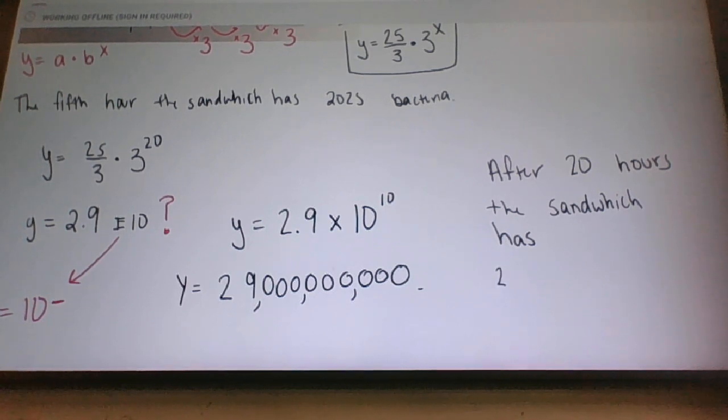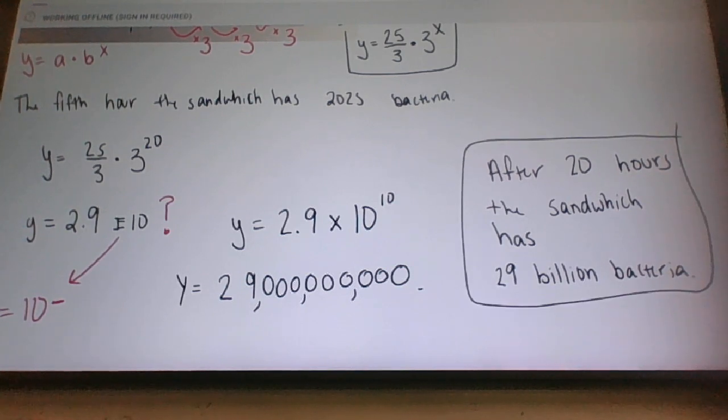So 29 billion bacteria. I bet it's smelly at least, even if you can't see it. Oh, I bet it looks slimy. You might not see colors or anything, but I bet you can see slimy bacteria. And it's smelly. That's what I think.